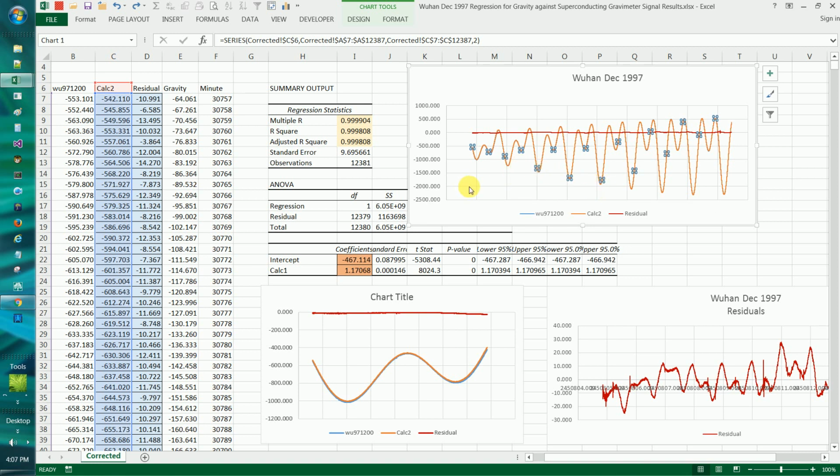If everyone uses, like a seismometer reports gravity signal units, if they can report what the sun and moon signal looks like, then you're working with common units throughout. This is instrument units. This is this particular Wuhan December 97 instrument, which actually could change over time. So if you do that, I think we would be better off.